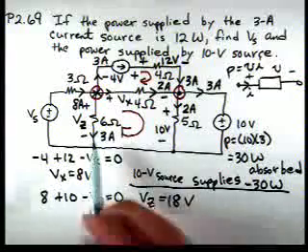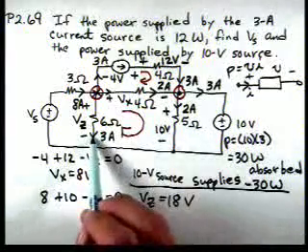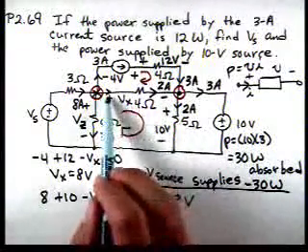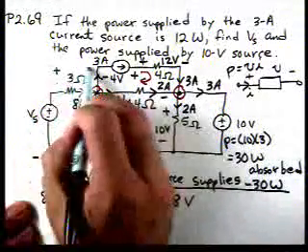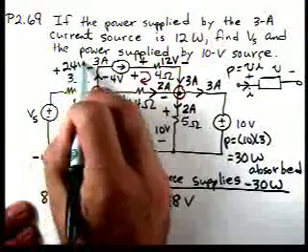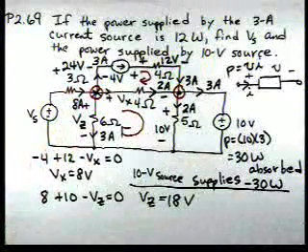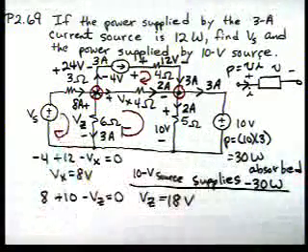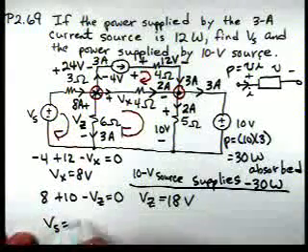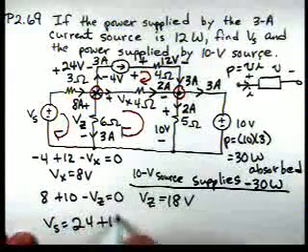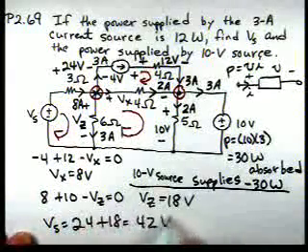From Ohm's law, that tells us that's 24 volts. Now, if we apply Kirchhoff's voltage law around that loop, we get Vs is 24 plus 18, which is 42 volts.